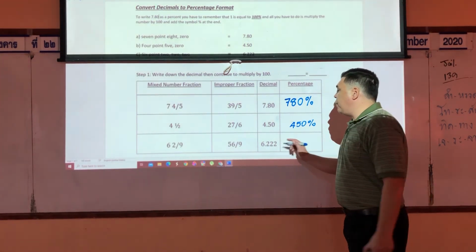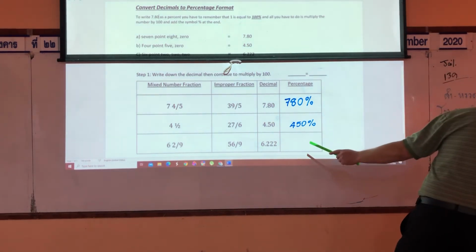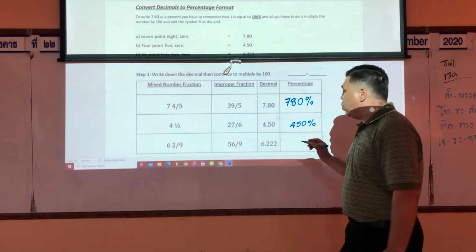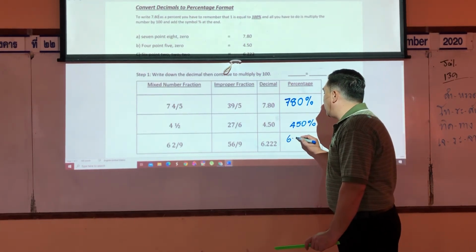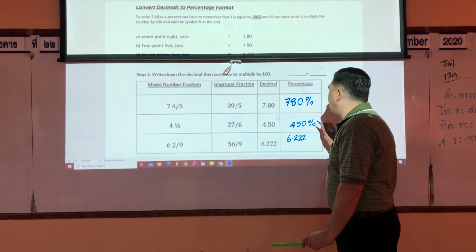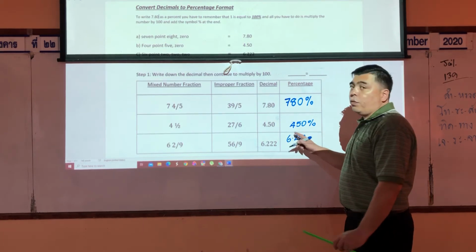Now we have this one here, which is 6.222 multiplied by 100. So let's write it down, 6.222. Now, to multiply it by 100, we would move the decimal.